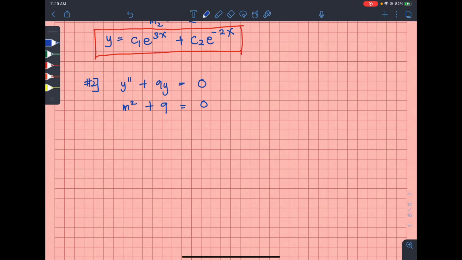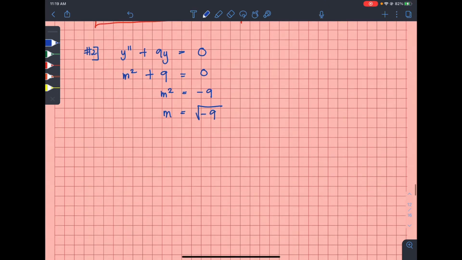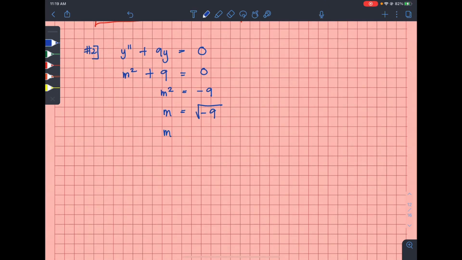And from here, we could have m squared equal to negative 9. So m would be the square root of negative 9. But remember, we can't have a real square root of a negative number, so that would yield a complex number.